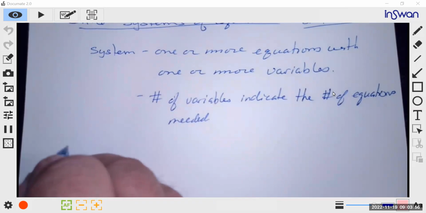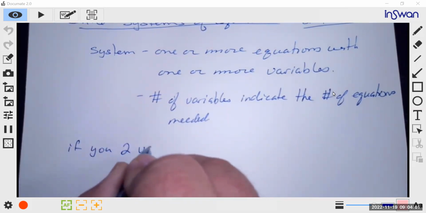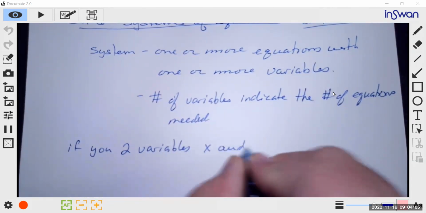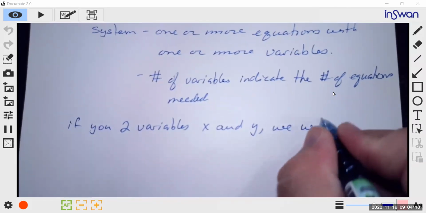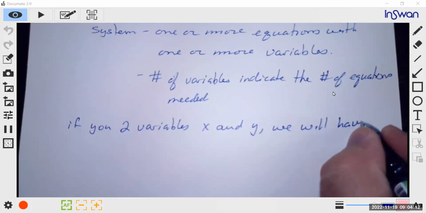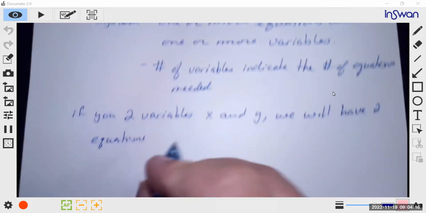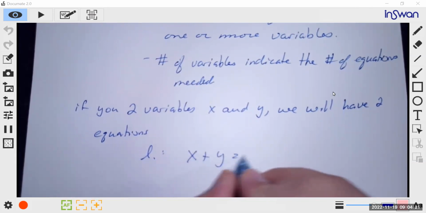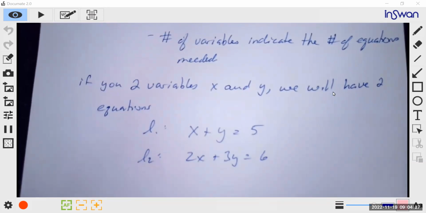So if you have, for example, two variables, X and Y, we will have two equations. X plus Y equals 5, and then 2X plus 3Y equals 6.